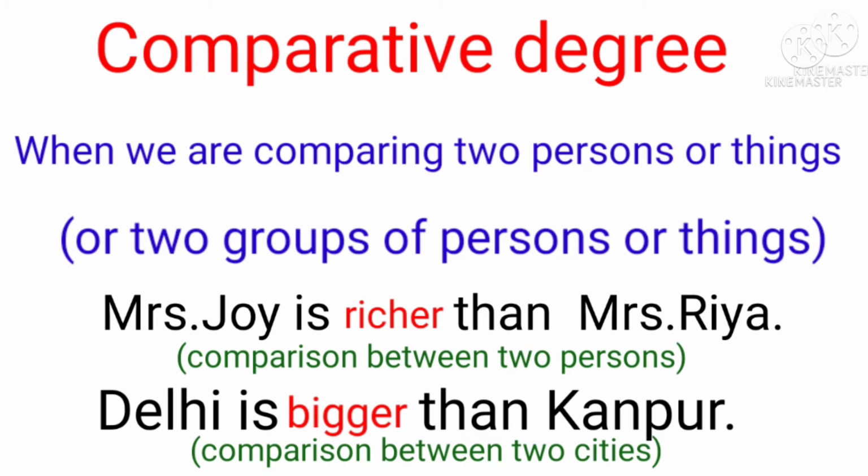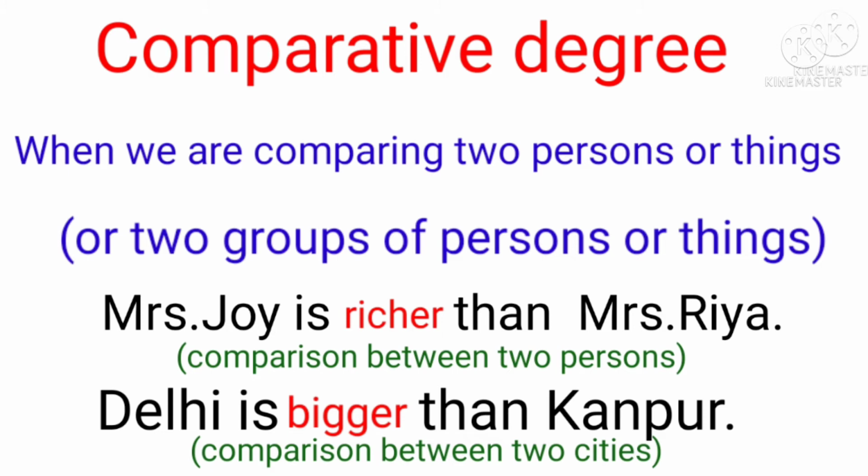On the other side, I said Delhi is bigger than Kanpur. So again, there is a comparison between two cities. So dear students, you have to understand this point. In degrees of comparison, when there is a comparison between two persons or things, that degree is called the comparative degree.